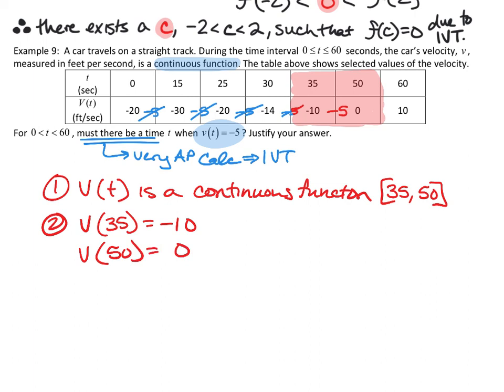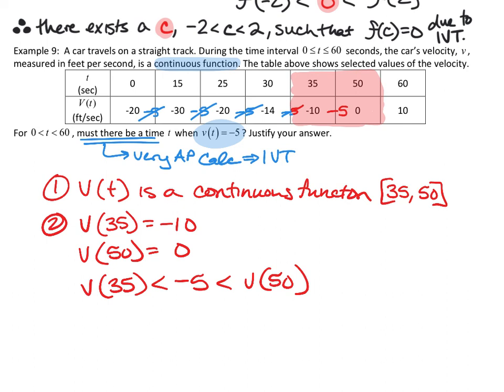That's straight out of the table. We know that somewhere in between these two values is -5. In between those two values of -10 and 0, there has to be a -5.